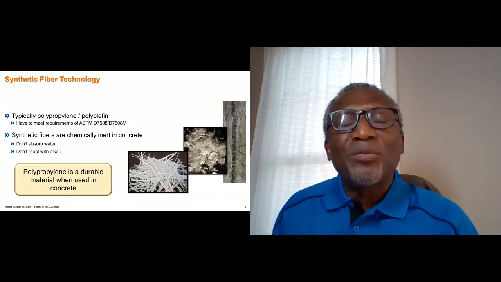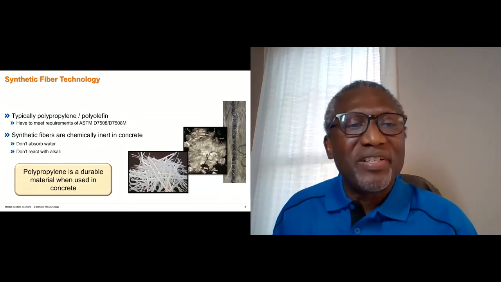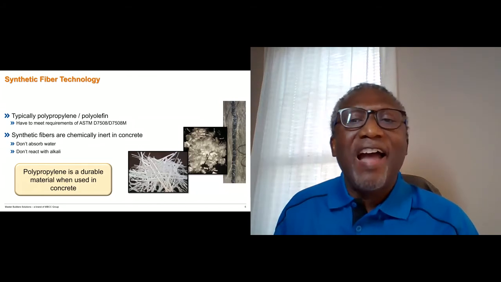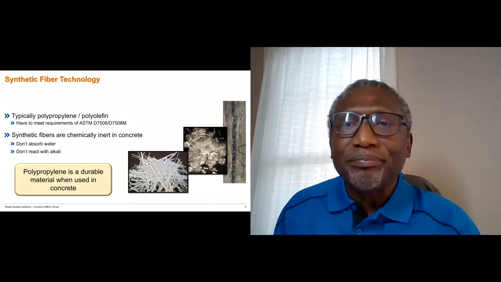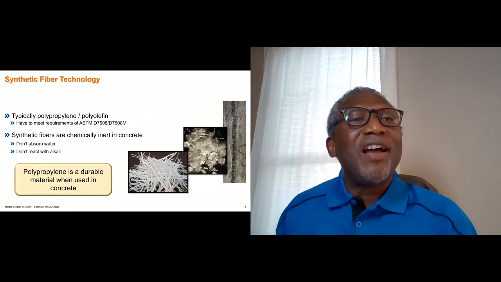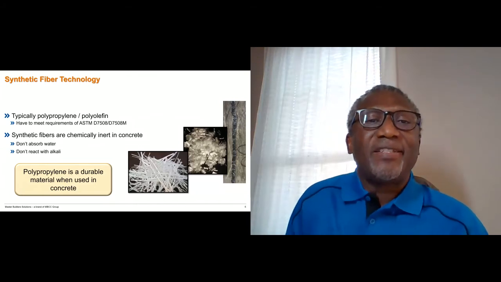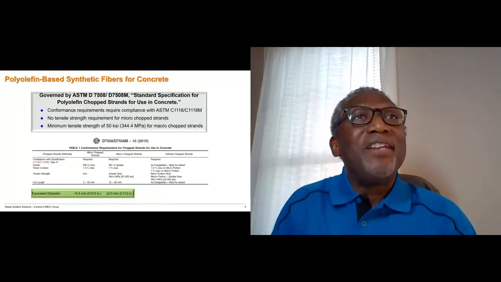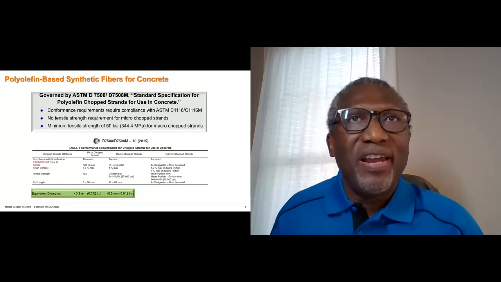And this means that when used in a concrete matrix, which is alkaline, the polypropylene fibers are very durable. Now, I talked about ASTM D7508, and I just want to share with you just briefly the requirements of ASTM D7508.